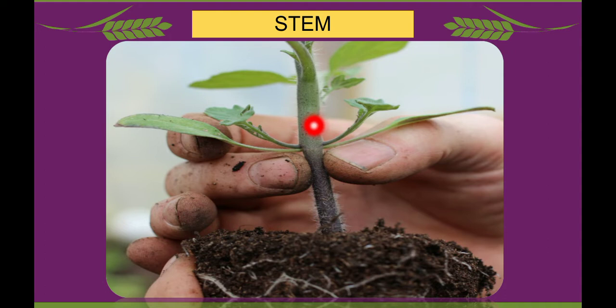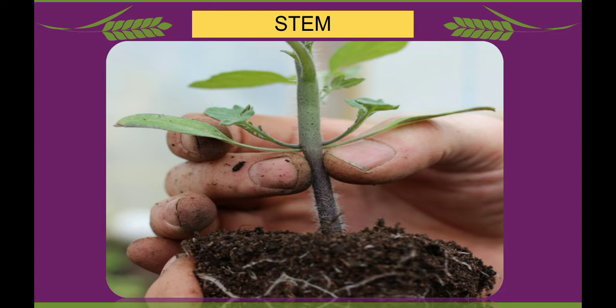Some plants like mango, banyan, neem and peepal have hard and woody stems. They are hard, woody and strong. Because they are strong and like wood, we call those stems trunks. Like you can see in the picture, a strong, woody stem we call a trunk. A trunk helps the plant to stand upright.